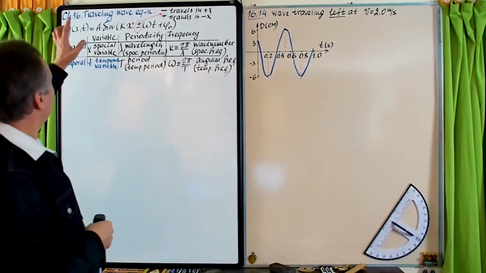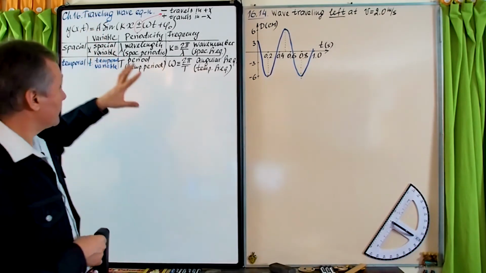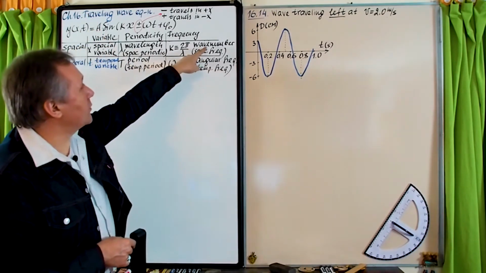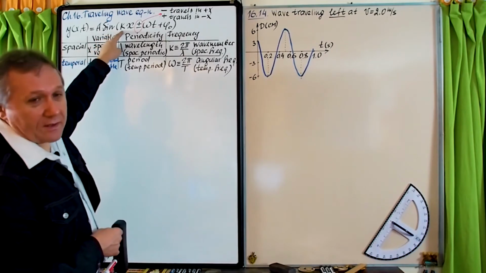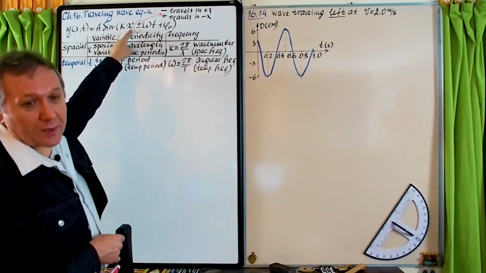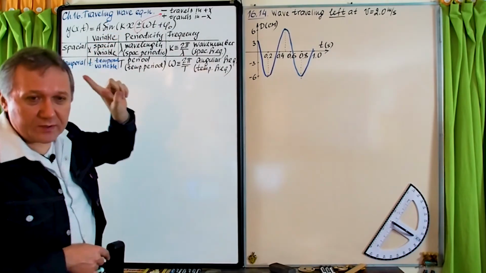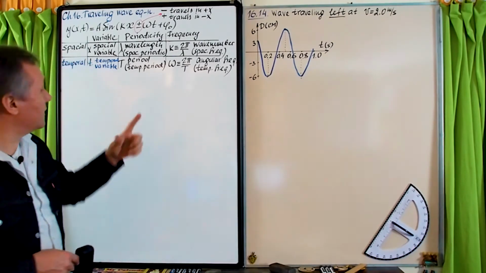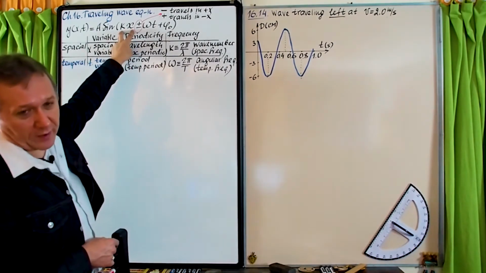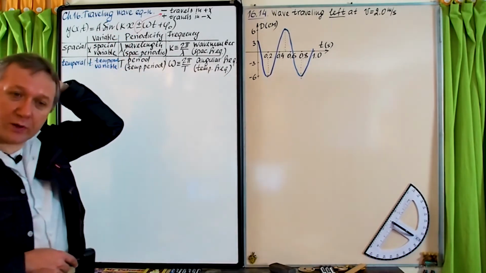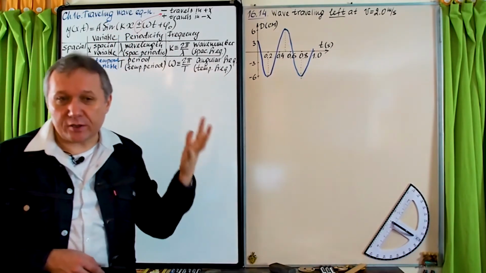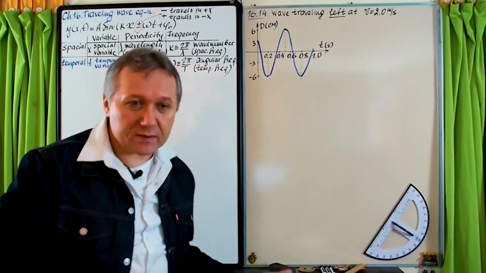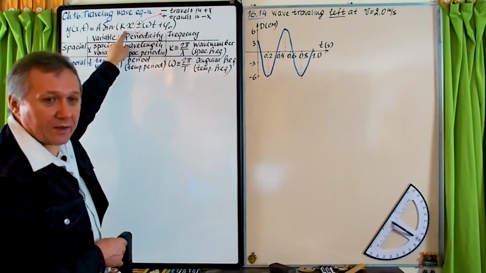Okay, so now you see this spatial frequency, which is the wave number, stays next to the spatial variable. So it means that all spatial information about the wave is hidden inside of this term kx. Almost everything about the wave in space can be found from here, kx.